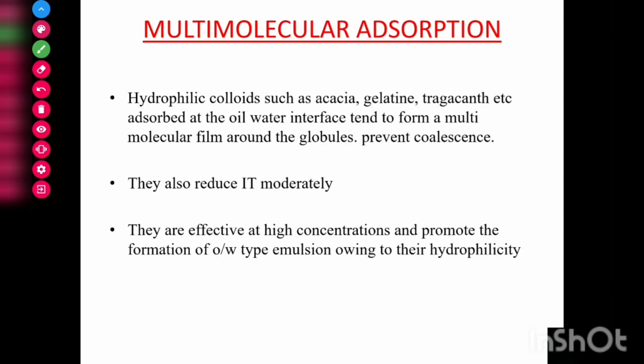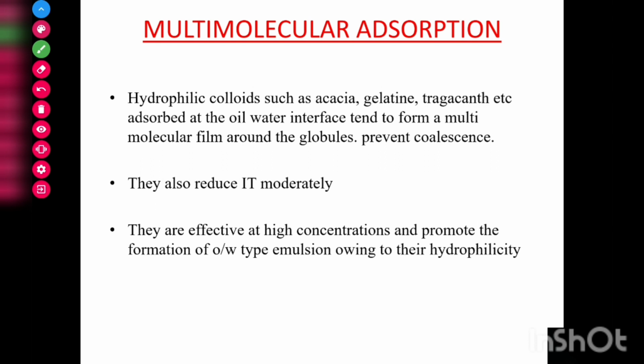Now move on to multimolecular adsorption theory. As we know, there are different types of hydrophilic colloids: acacia, gelatin, tragacanth. These hydrophilic colloids adsorb at the oil-water interface and tend to produce a multimolecular film around the globules.